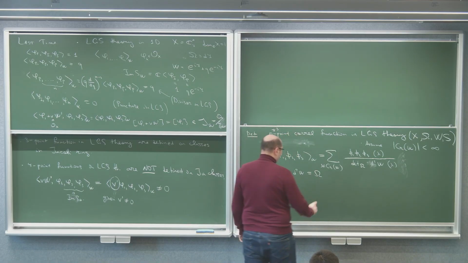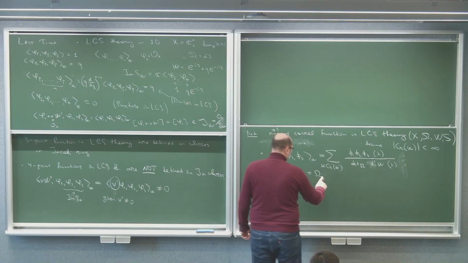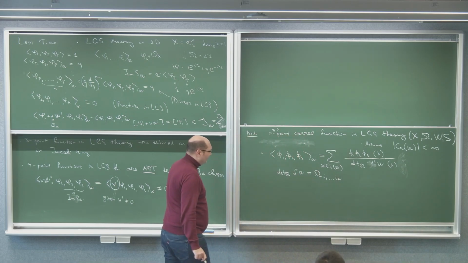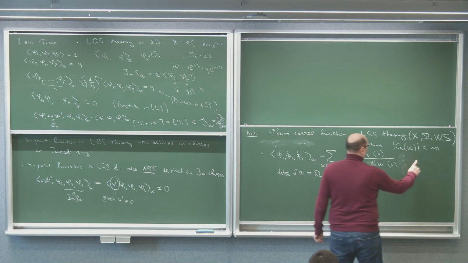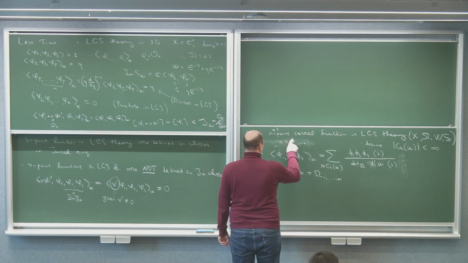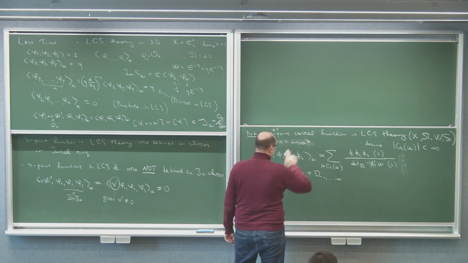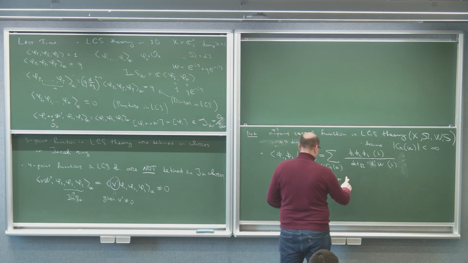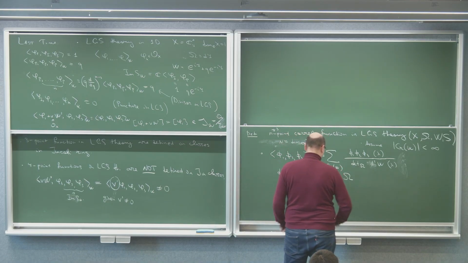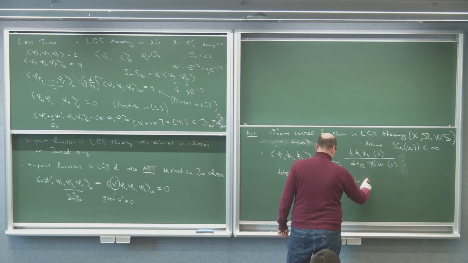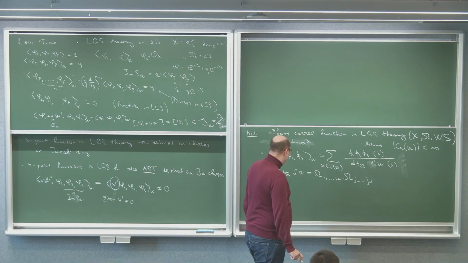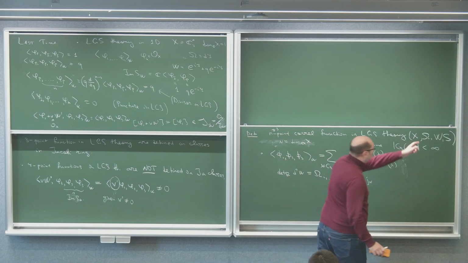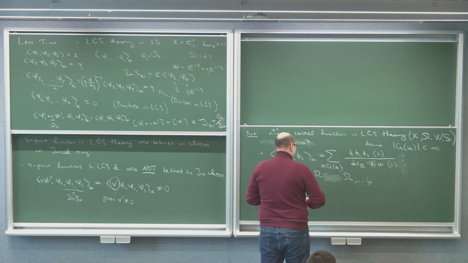So for the holomorphic top form, let me write it in explicit coordinates. For the holomorphic top form, we have components which are labeled by 1 to n, where n is the dimension of x. And then we do the following thing. We take another copy of this omega, j1 to jn. And it is a non-degenerate holomorphic top form, so let us take omega inverse.